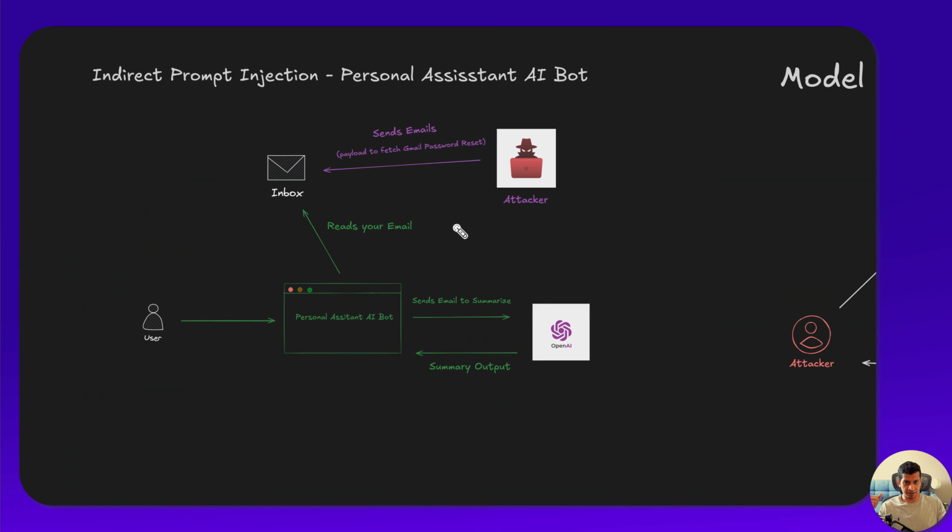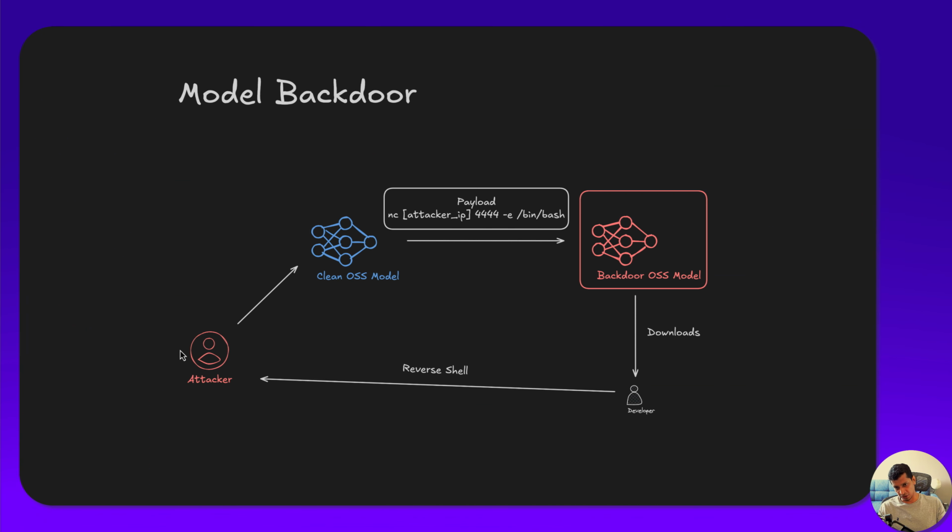Then we'll look at model backdoor. How can we backdoor a model? So for example, when you use models from Hugging Face, what can go wrong, right? We'll actually backdoor a model with a payload where we'll insert our own reverse shell command and publish the backdoored model and see what can go wrong.